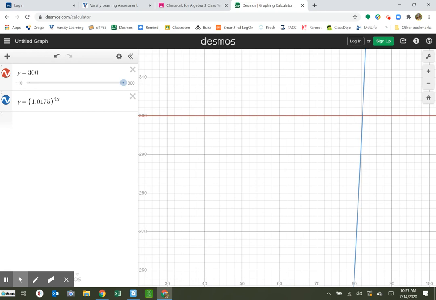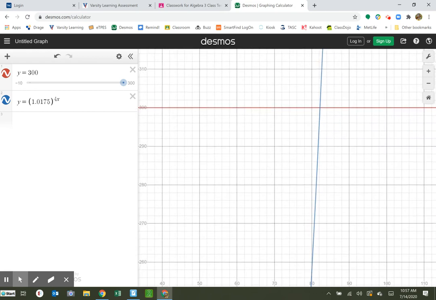Okay, so in Desmos, you can follow your screen, and then you can actually find the point of these two things and where they intersect. And if you hover over the top, it will show you what that's going to be. So they intersect at 82.194, 82.194 and 300.